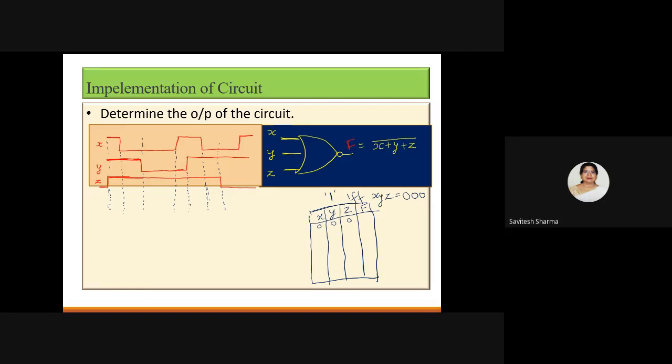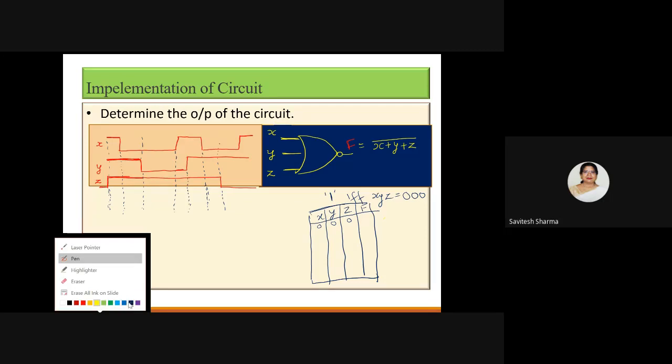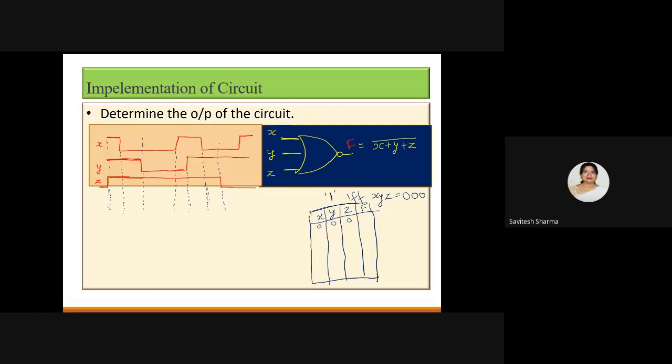So if X is 0, Y is 0, Z is 0, that is the combination. I am writing one or two cases here. The first input case is 0 plus 0 plus 0 and the complement.